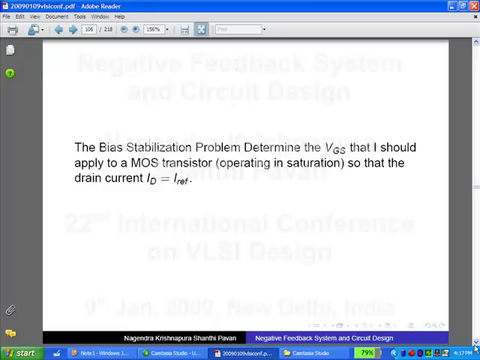So the problem of bias stabilization is asking the following question: if I have a transistor given to me, what should I do? What VGS must I apply to the transistor so that the bias current remains equal to I? Correct? And this is something that in a first analog course you don't do at all.